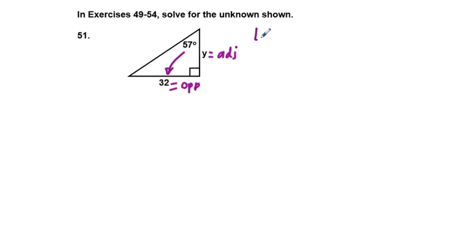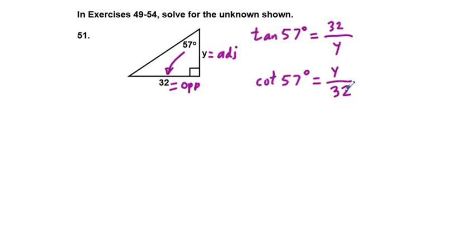Tangent of 57 degrees is going to be equal to our opposite, 32, over our adjacent, y. But the cotangent is the reciprocal of tangent, so the cotangent of 57 degrees is going to be equal to y over 32.